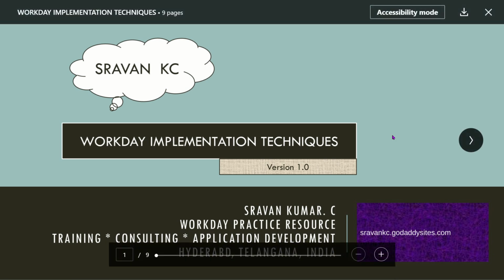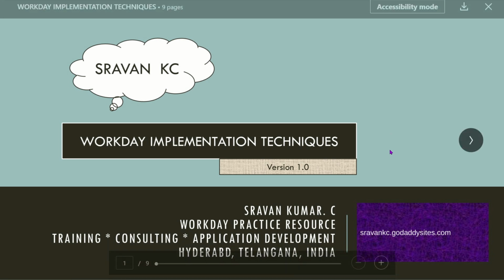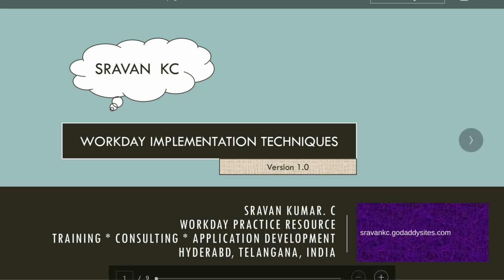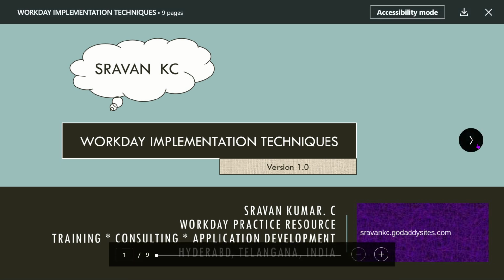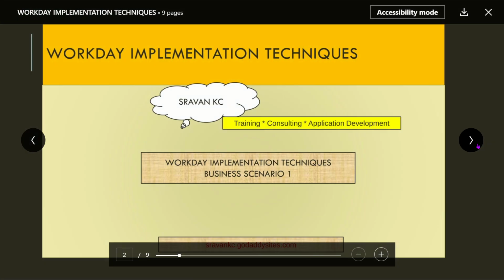This presentation is about Workday implementation techniques with reference to freshers as well as seniors, and how management can utilize the services of freshers and seniors in implementation.